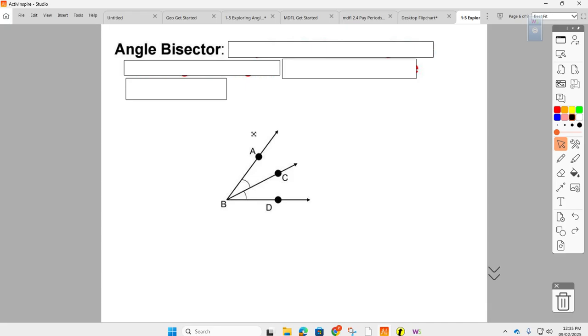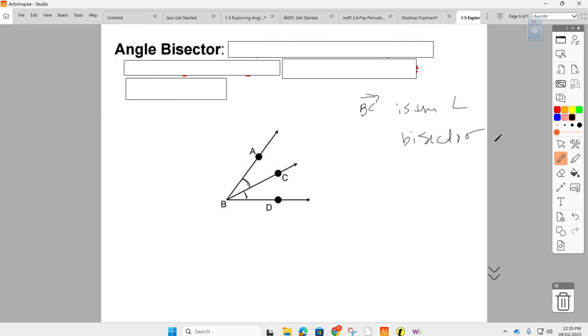An angle bisector, so here, angle ABD is a big angle, right? We know that ray BC is an angle bisector because this tells us that angle ABC and angle CBD, which make up that bigger angle, are the same measure. So they're congruent. So ray BC is the angle bisector.